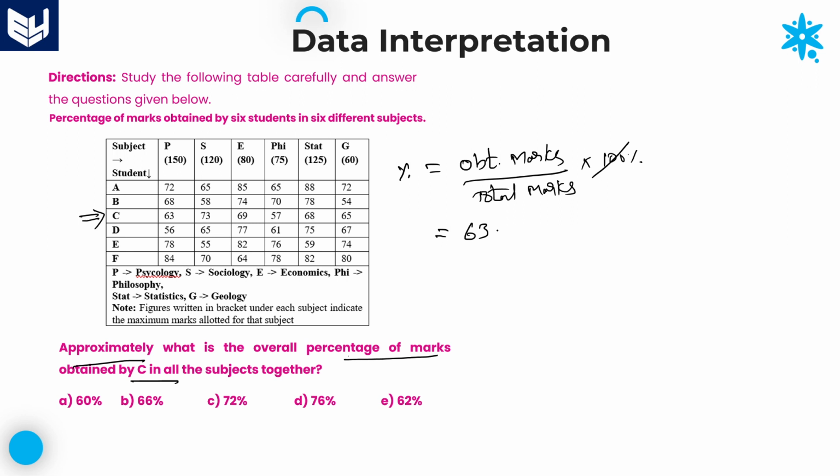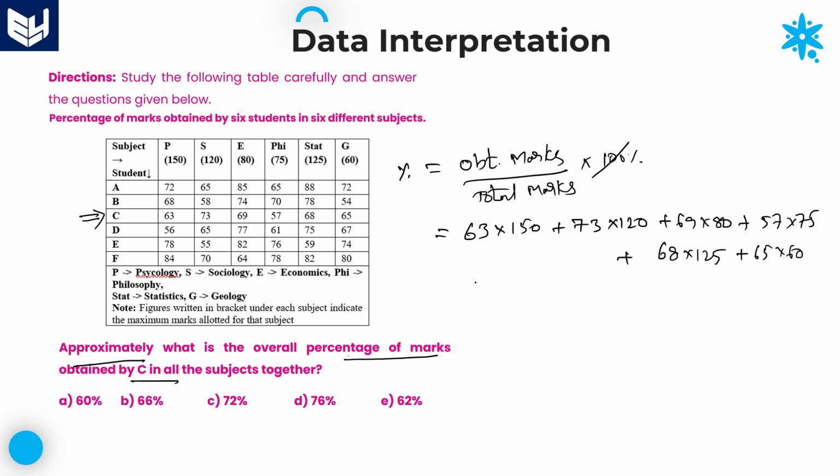Now this value becomes 63 into 150 plus 73 into 120, and 69 into 80, and next 57 into 75, and then 68 into 125, and last one 65 into 60.